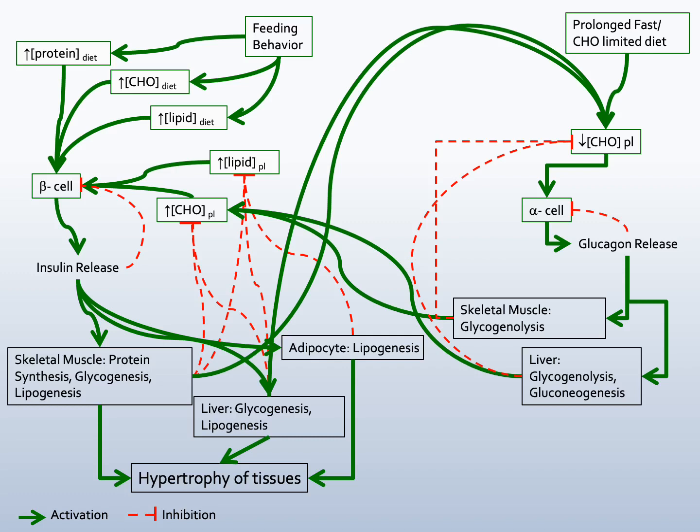Other than those two extremes, the tissues of the body do not need insulin to take in glucose or lipids or amino acids, and they do not need glucagon in order to increase gluconeogenesis or glycogenolysis.